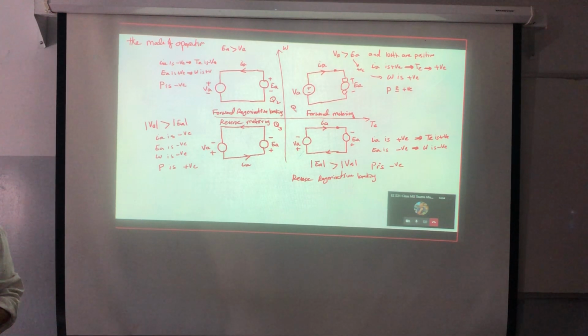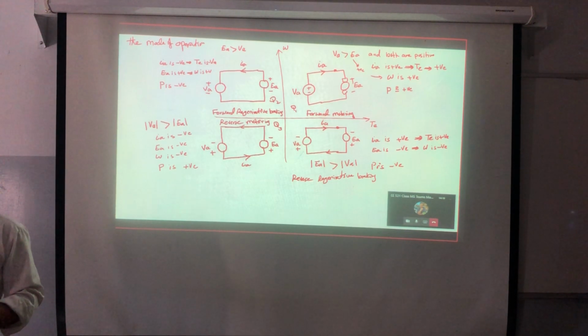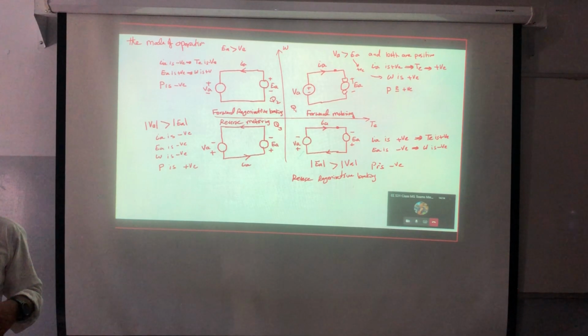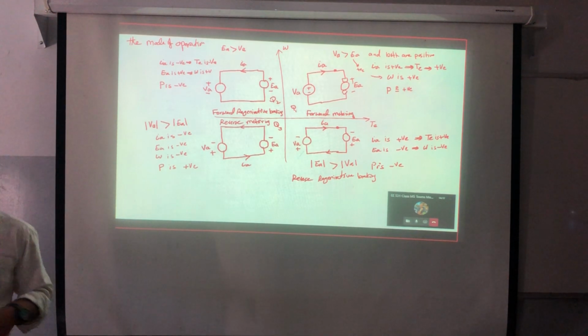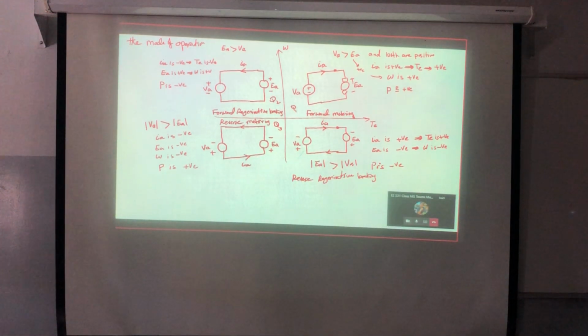But you know that if I turn off the supply, the machine will free run, because the machine has kinetic energy. And it will stop when the kinetic energy vanishes. So now we will use external resistance in order to dissipate the energy. Of course, later on we'll say that I will recover the energy to the system. So now we have another mode of operation, and this one we call the dynamic braking.